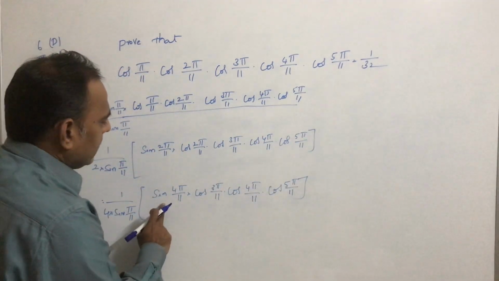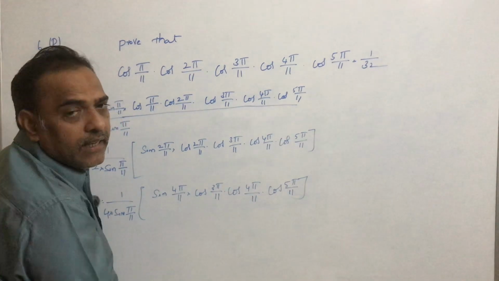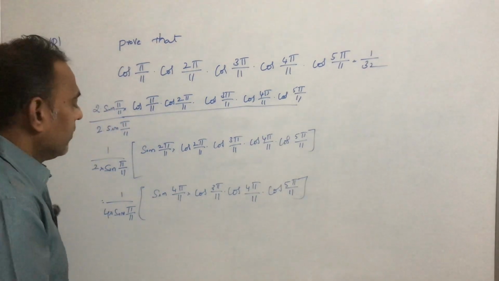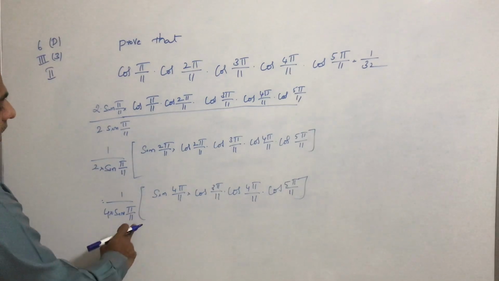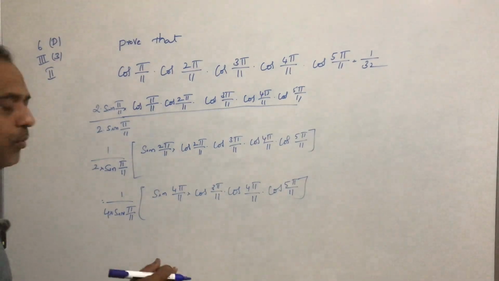Again, this is sin theta cos theta. Again 2 is missing. So we need to multiply numerator as well as denominator with 2.